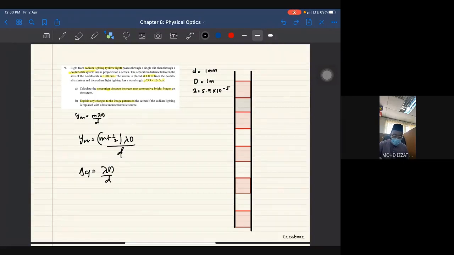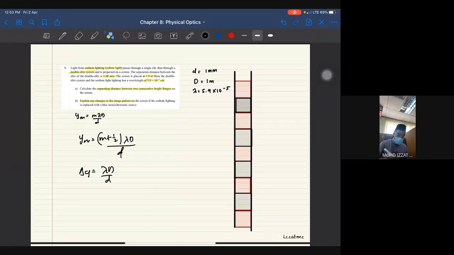Okay, walaupun soalan ni maybe tak cakap directly, tapi sebenarnya dia suruh cari the separation distance between the two consecutive bright fringes. Cuba kamu tengok gambar yang saya lukis ni. Kalau two consecutive bright fringes, maksudnya antara dia dengan bright fringes yang lagi satu yang paling dekat. Exactly the next lah.